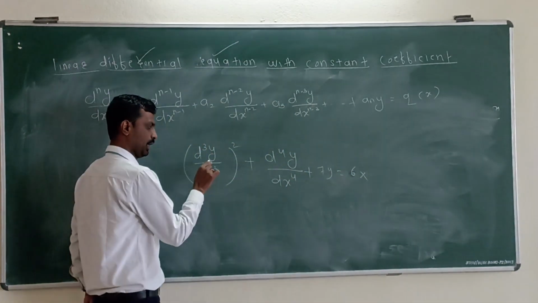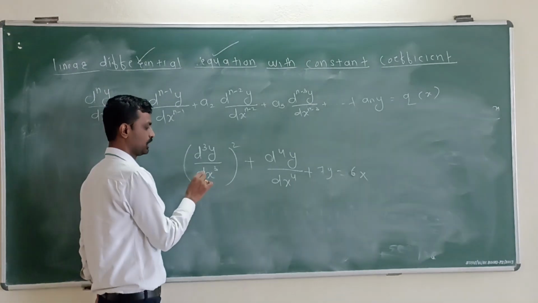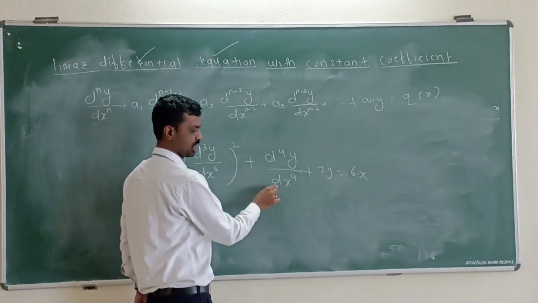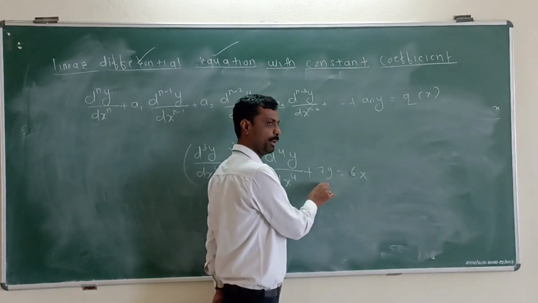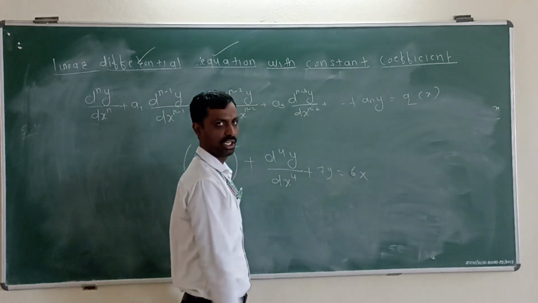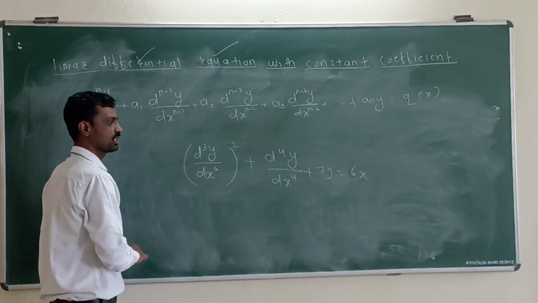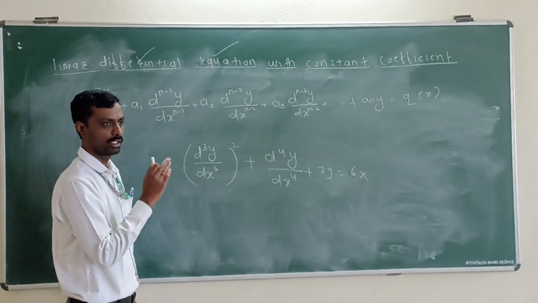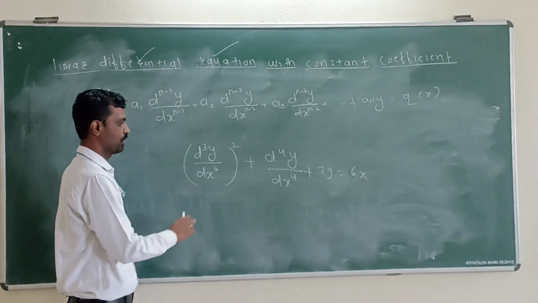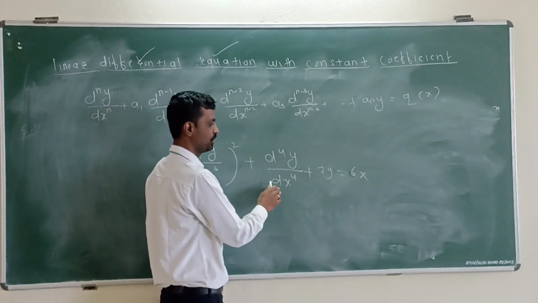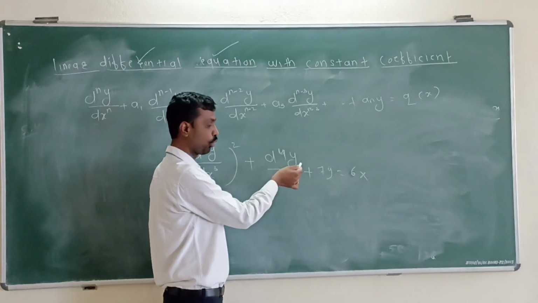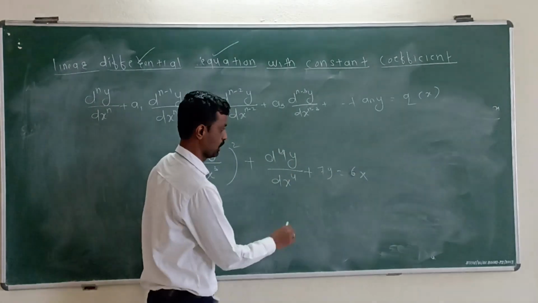This term is differentiated 3 times, this term is differentiated 4 times, and this is not a differentiated term, it is the variable. So the highest differentiated term in this equation is 4 times.